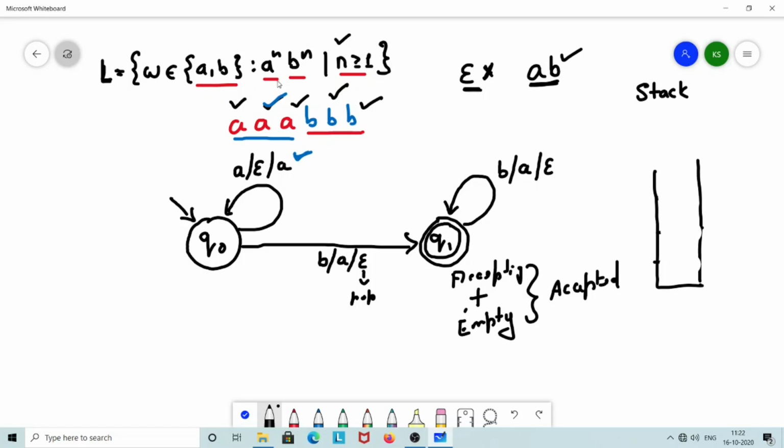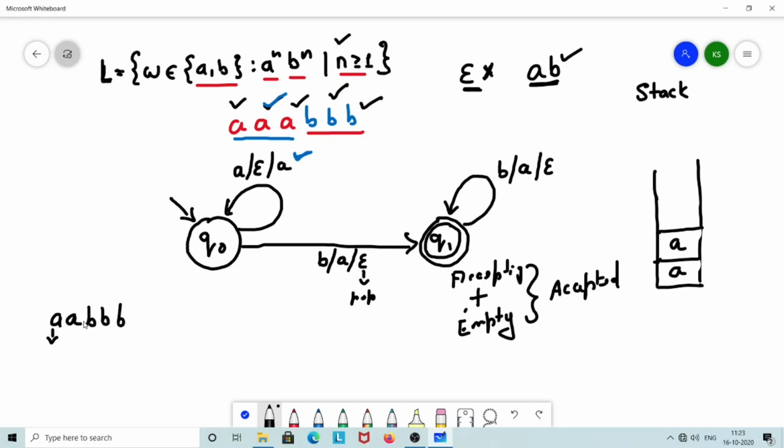Now let us take an example of a string which has an unequal number of A's and B's. I'll take 2 A's followed by 3 B's. So for this, being in Q naught state, A will be pushed onto the stack, and for the second A, again I'll push A onto the stack.